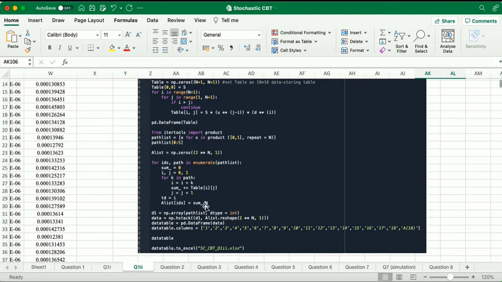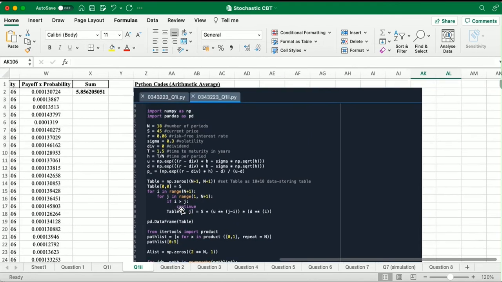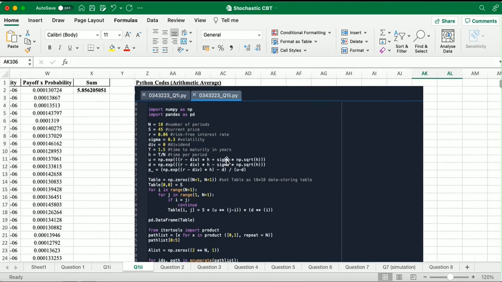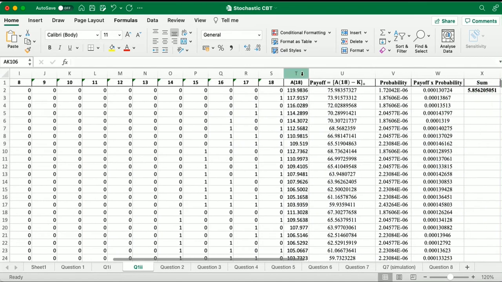Instead of to the power of 1 over the number of values, the values are added up together and divided by the number of values, which is the average. And also sum plus equals table ij instead of multiply equals. And this part, just now it was multiply equals 1, but now we start with 0.